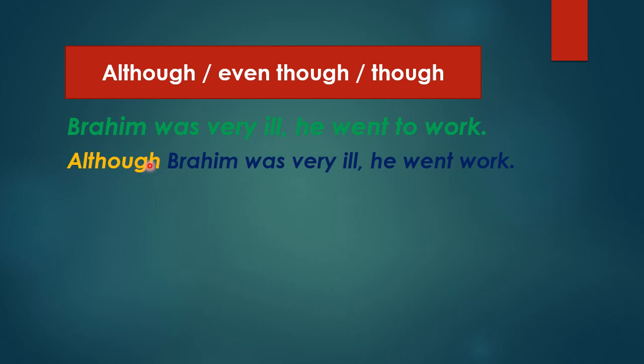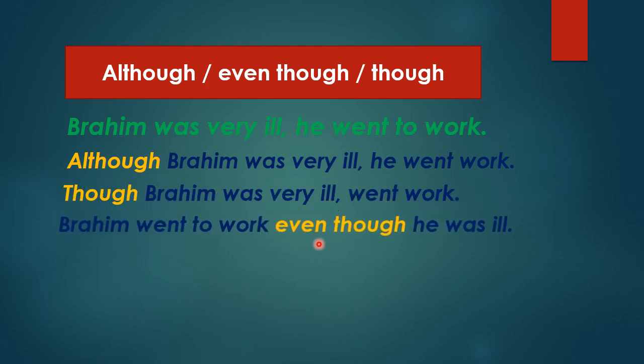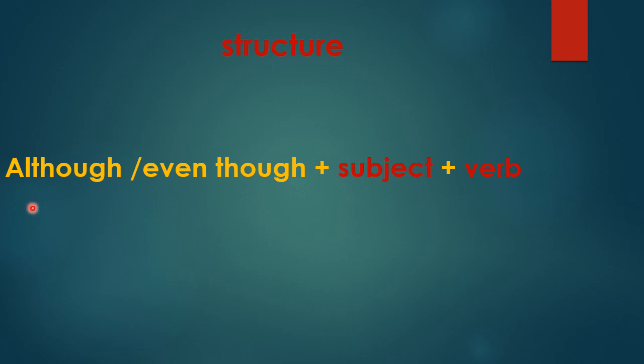So we have just put although at the beginning of the sentence. We can say also, though Brahim was very ill, he went to work. Or, Brahim went to work even though he was ill, right? Now the structure: although or even though plus subject plus verb.